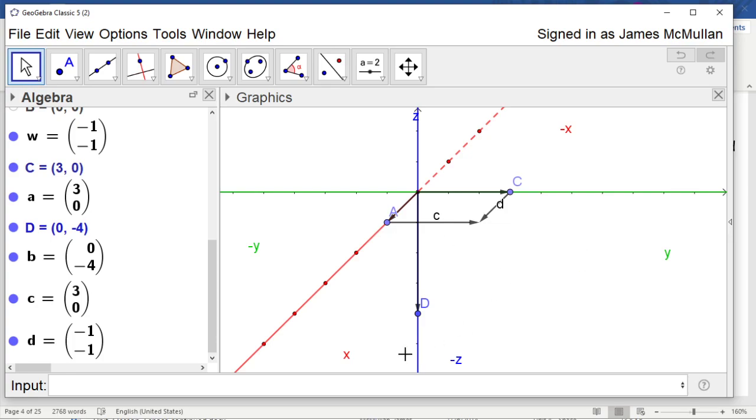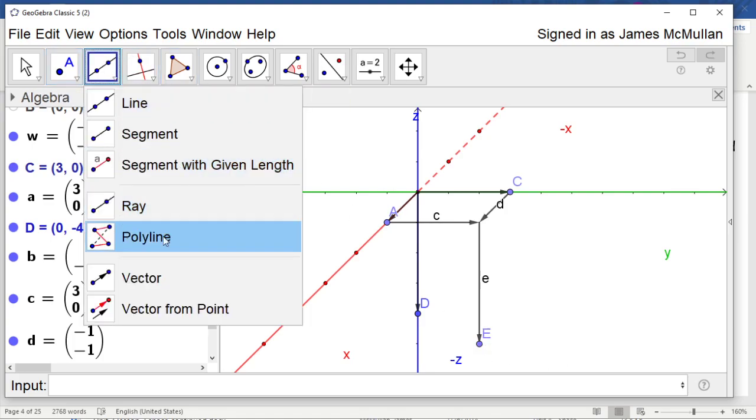Okay? Now suppose I wanted to add the last vector here, right? So the last vector would be vector A plus A to A plus B. Okay, so this would be where my vector actually ends.